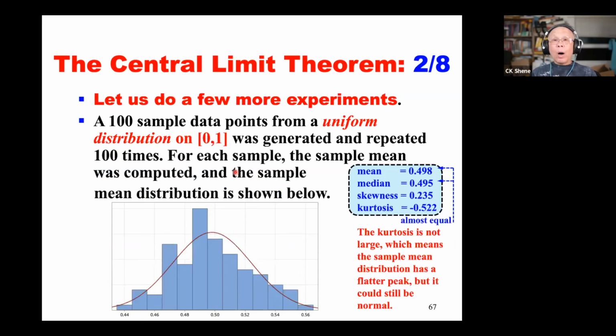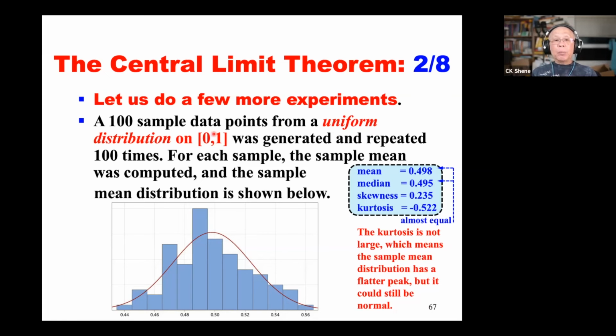Now let's explain why, without proving it, with a few more experiments. That's easy to do. Remember the rand function in Excel? We could generate 100 data points from a uniform distribution on 0 and 1, and repeat it 100 times. So this 100 data points uniformly distributed over 0 and 1 is one sample.